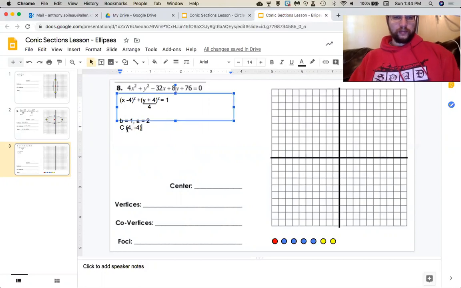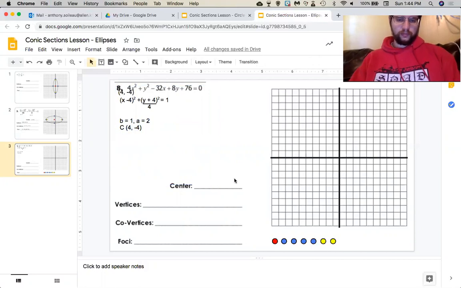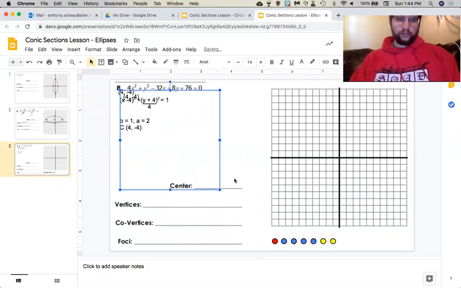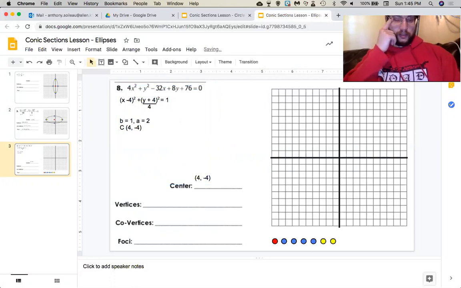I've got my center. Now, since I'm typing it again. Oops, what did I do? Oh well, sorry. I just kind of put it way too high up here. There we go. Okay, we got the center.